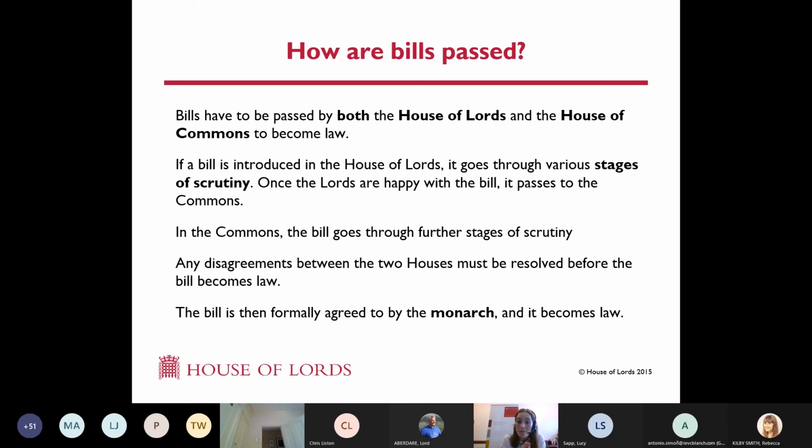It's quite common for bills to pass back and forth between the two houses a few times before both houses can agree on a text that they're happy with. The bill is then formally agreed to by the monarch, the Queen, in what's called royal assent, and then it can become law. So that's the stages of bills and how they're passed.